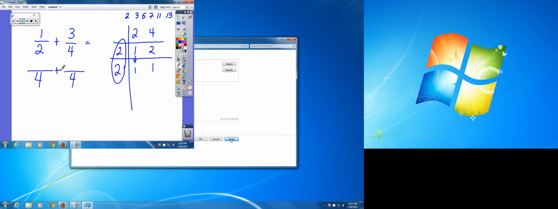But in some problems that we're going to do here in a few minutes, you're going to see that this thing will help you out, not only to find this number, but it's going to help you out to convert the numerators also. How many times will 2 go into 4? Well, you cover up one of the 2's, and what does that leave you? That 2 right there. So 2 times 1 is 2.